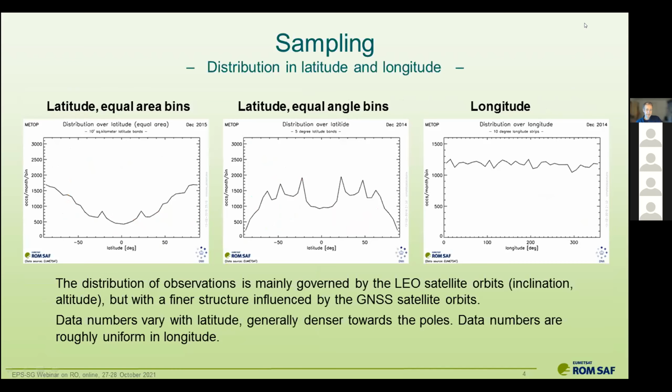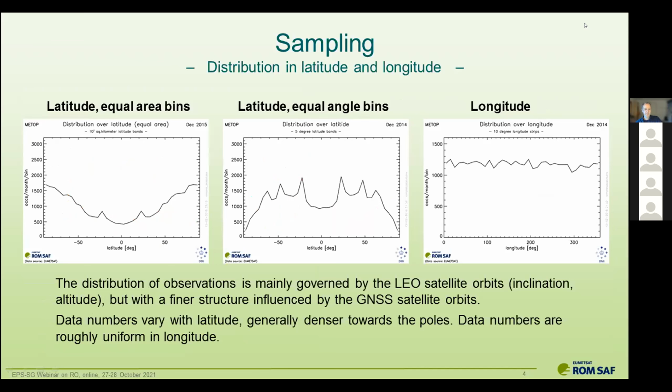So we have this distribution in latitude and longitude. It's mainly governed by the satellite orbits, mainly by the inclination. Both METOP and METOP-SG are in sun-synchronous orbits, which means that they go very close to the pole.